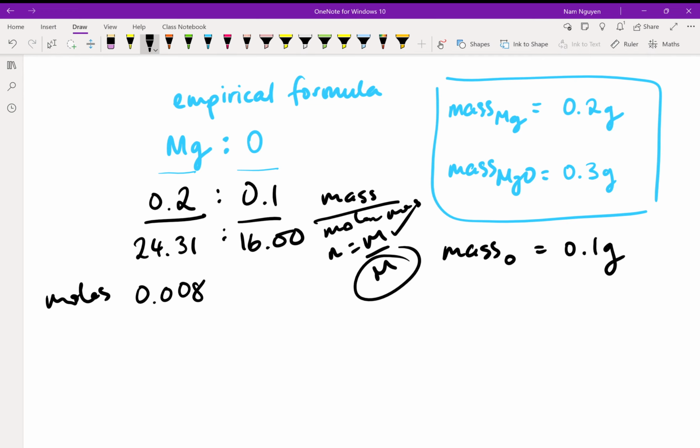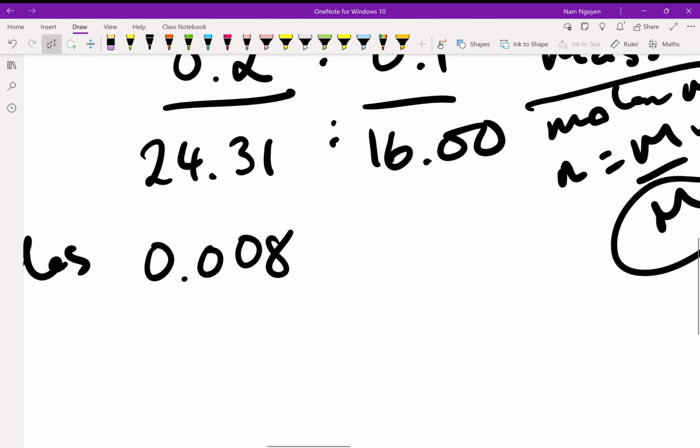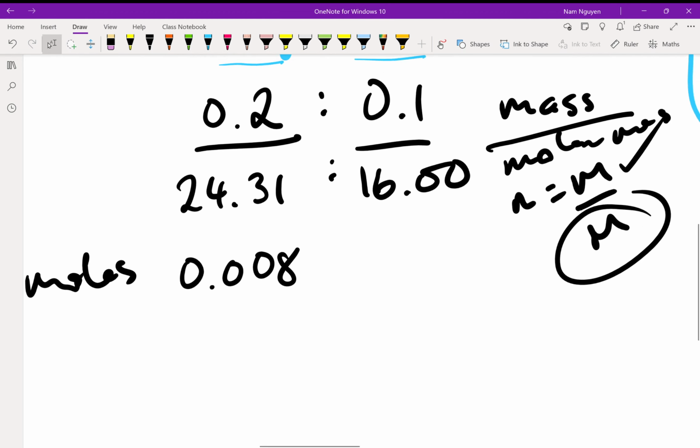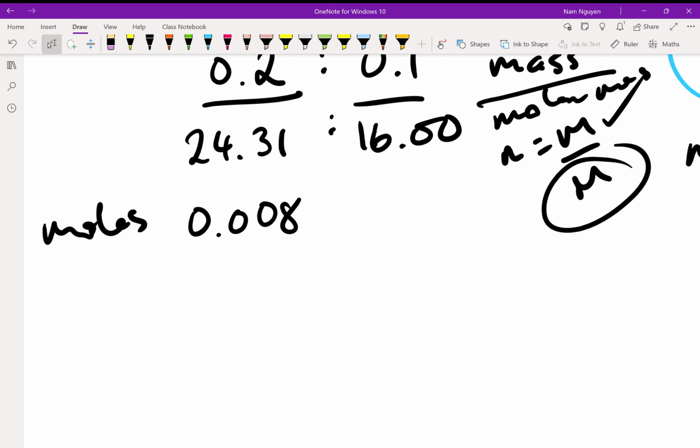Because even though we are using values from the periodic table that have 4 significant figures, you have to deal with the least amount of accuracy that's available to you. And because you only measured mass to 2 decimals, or 2 significant figures in this case, that's what you're left with. So I'm going to round that to that.